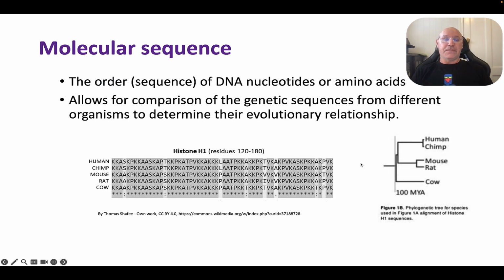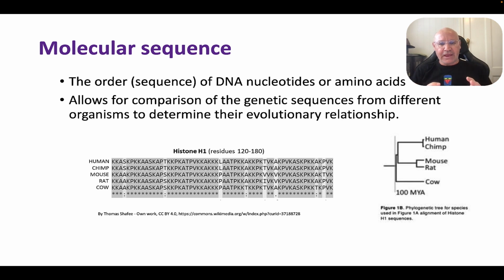Okay, so first of all, what is a molecular sequence? Well, it's the order or the sequence of different molecules, either DNA nucleotides, your A's and your C's and your T's and your G's, or the sequence of amino acids, which of course are as a result of the DNA nucleotide sequence.